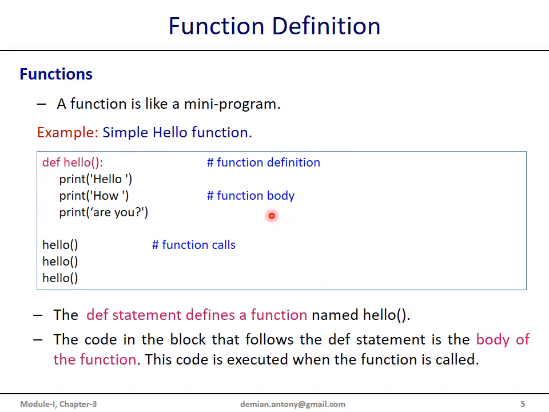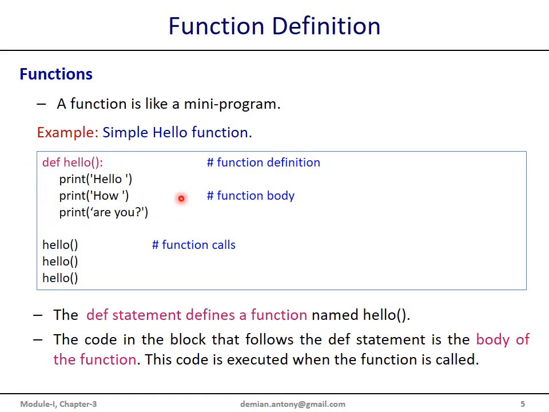How do we define a function? The function is defined in Python with a keyword called def, which implies define, followed by function name with optional parameters called arguments.